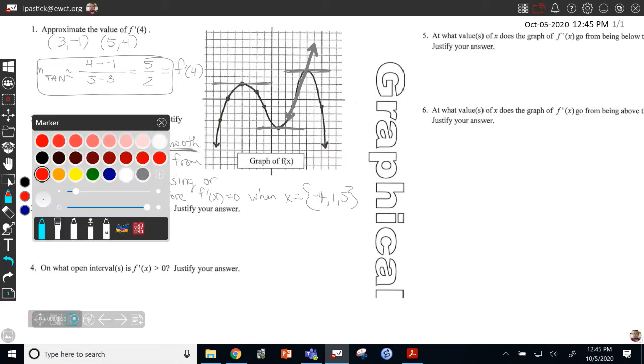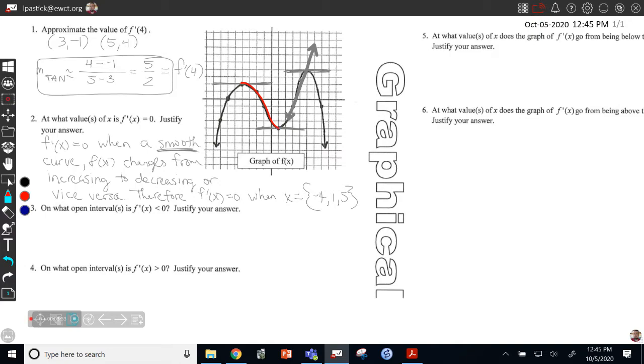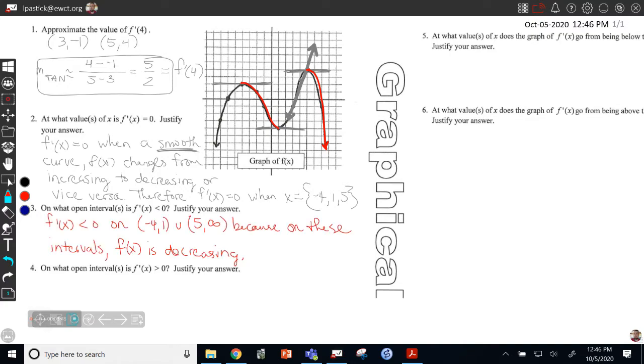It's decreasing from here to here, and from here to infinity. I've written my answer as f prime of x is less than 0 on (-4, 1) union the open interval (5, infinity), because on these intervals f of x, the original function, is decreasing.